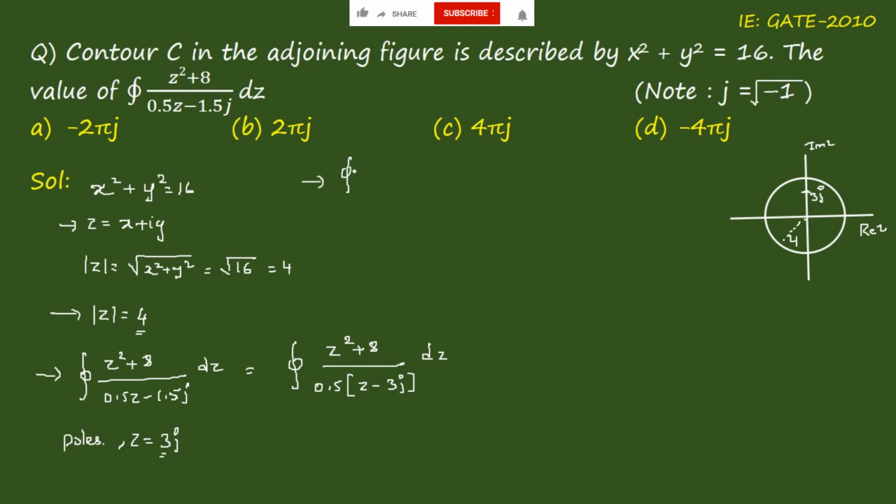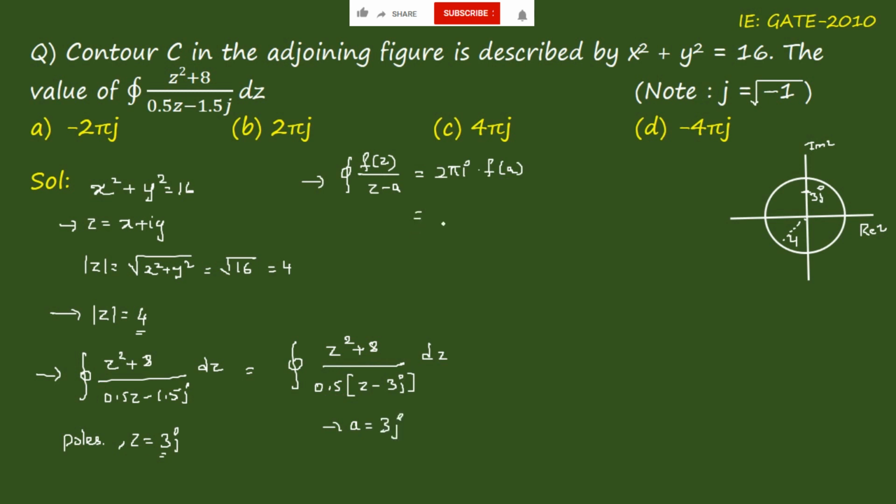Given that the integral over a closed curve of f of z by (z minus a) is equal to 2 pi i into f of a. So here you can see that f of z is (z square plus 8) by 0.5, and a is equal to 3j, right?